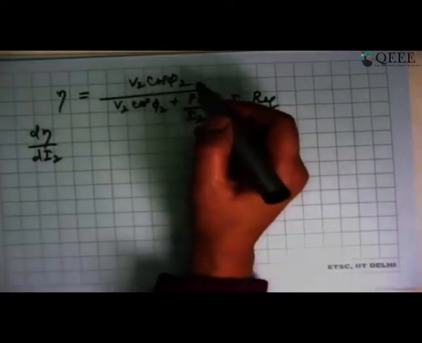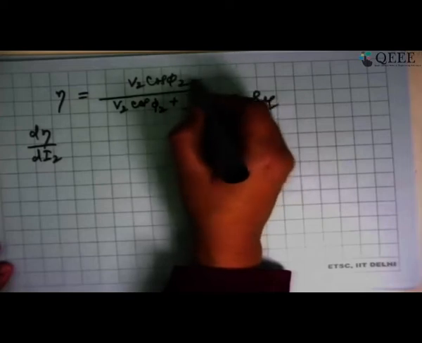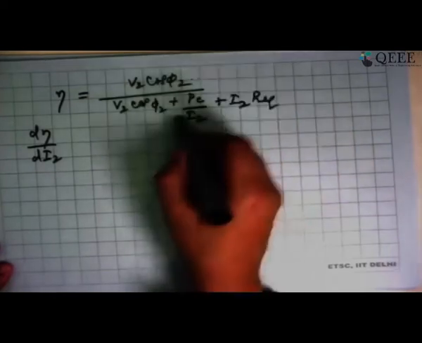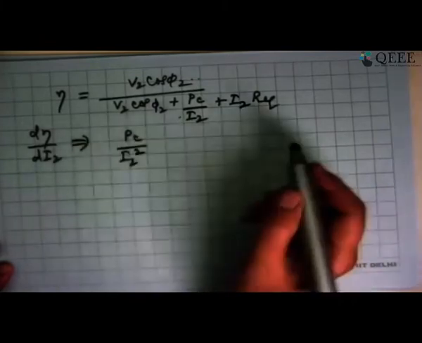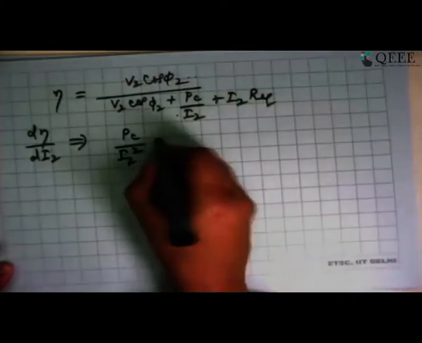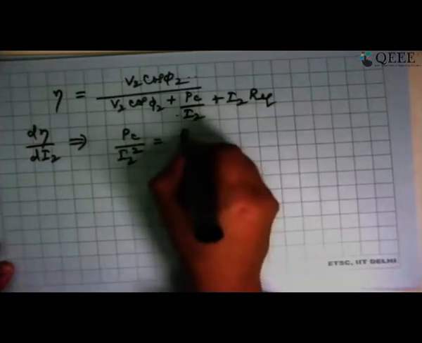So d eta by dI2 will yield, I am not going to have any factor involving I2 on the top, only at the bottom do I have the factor involving I2. So if I just try to do that, this is I2 power minus 1, so I will have PC divided by I2 square equal to R equivalent.